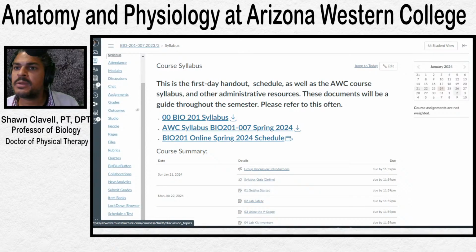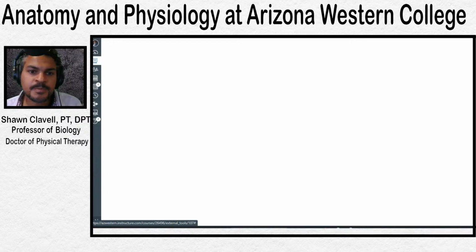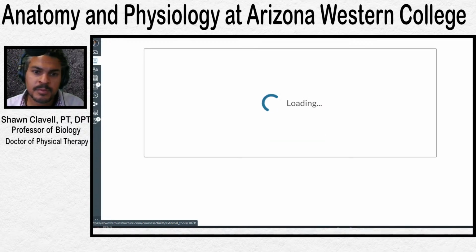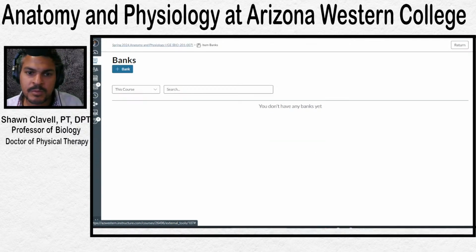I'll go through my test bank, the item bank here. So here's kind of the keys.